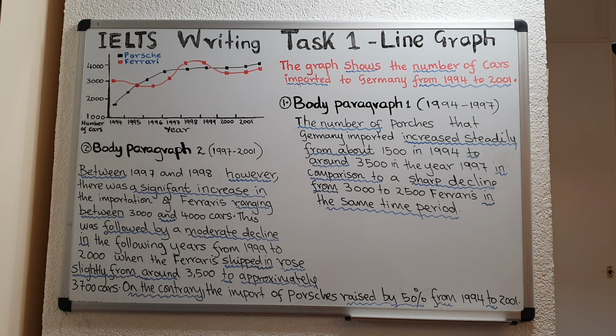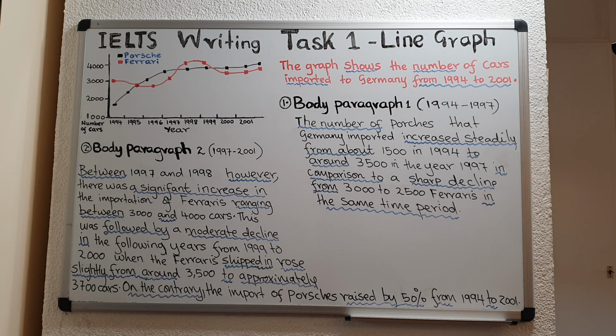Now, the number of Porsches that Germany imported increased steadily from about 1,500 in 1994 to around 3,500 in the year 1997, in comparison to a sharp decline from 3,000 to 2,500 Ferraris in the same time period.